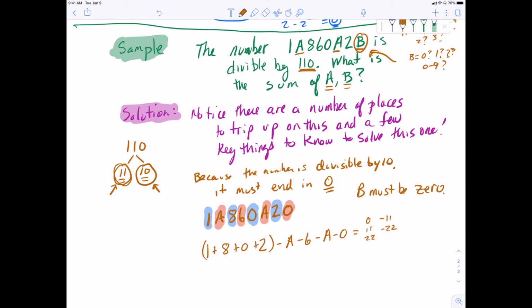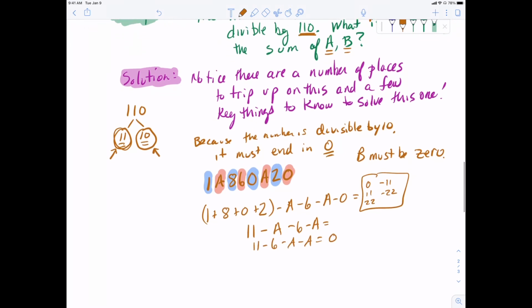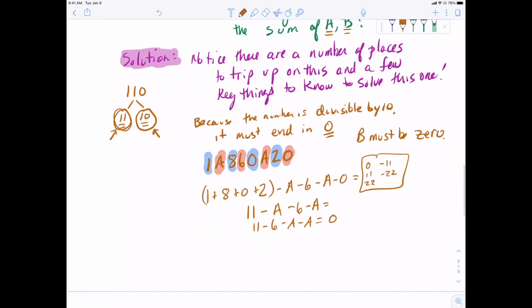So let's see. 9 plus 2, this is 11, minus A, minus 6, minus A equals one of these things. Well, we can reorder these a little bit. So we can say 11 minus 6 minus A equals 0. So this is 5.